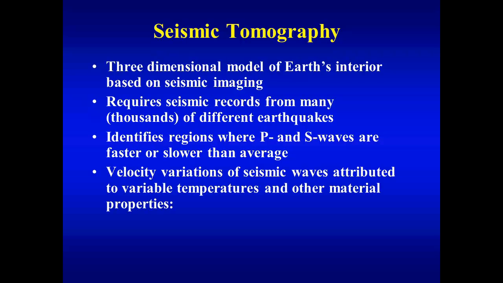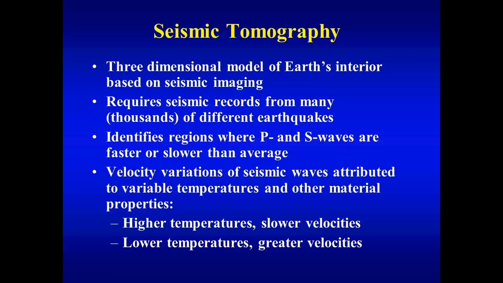And these velocity variations in seismic waves are attributed to variable temperatures and other material properties within Earth's interior, such that higher temperatures equate to slower velocities, whereas lower temperatures are attributed to faster or greater velocities.